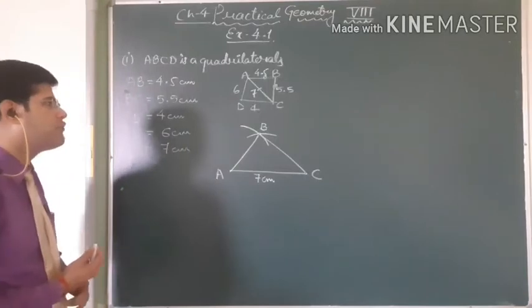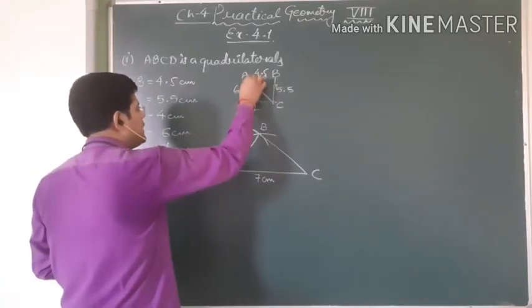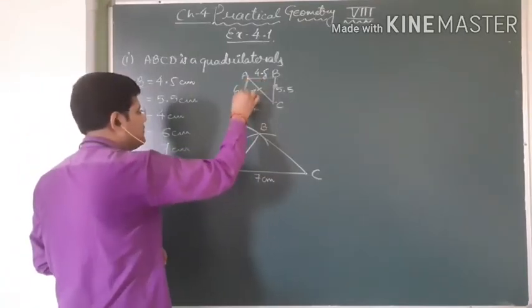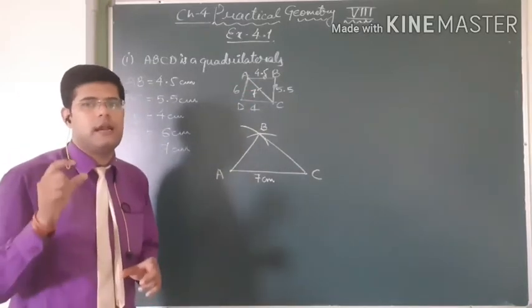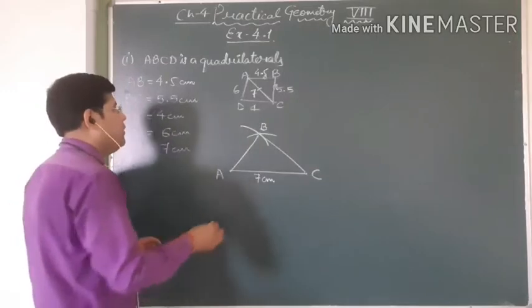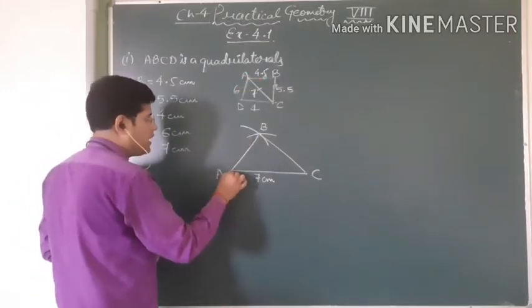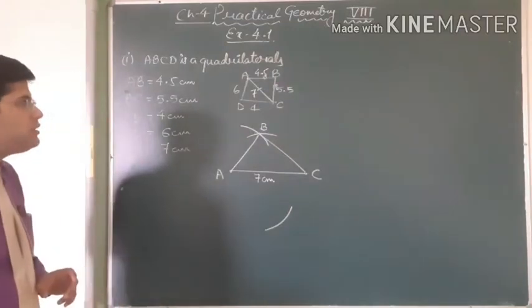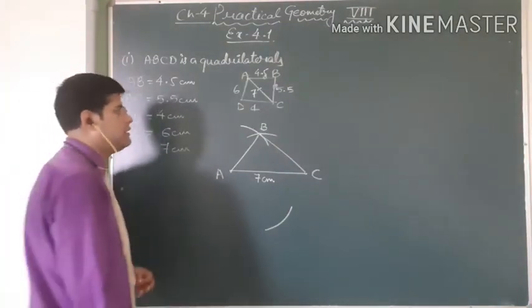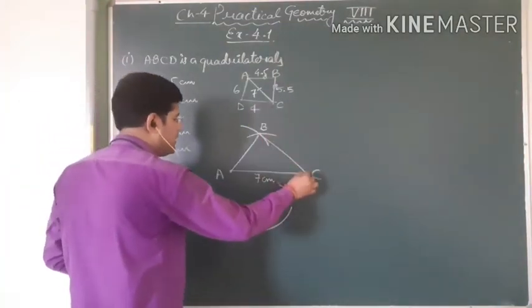After that, we are supposed to take an arc of AD 6 cm. So take a distance of 6 cm in your compass, that is known as the arc. Now from the point A you have to make an arc of 6 cm, and through the point C take another arc of 4 cm.